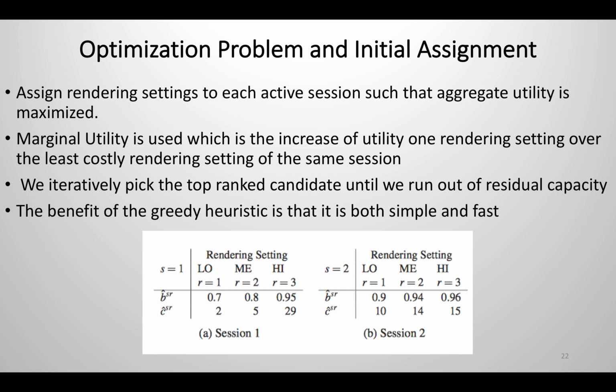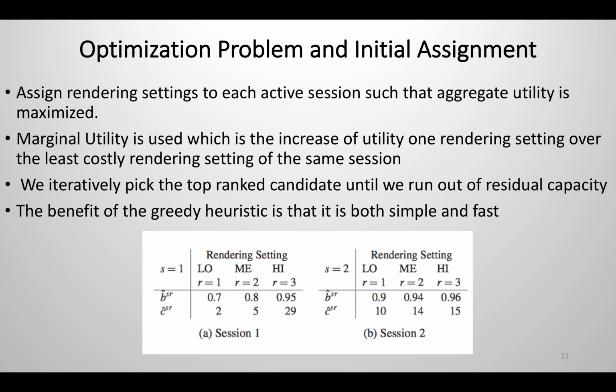So marginal utility is used instead of absolute utility, as we can increase the utility of one rendering setting over the least costly rendering setting of the same session. So we are comparing this current utility with an existing low cost rendering setting in the same session.